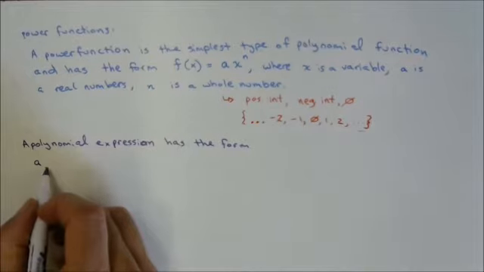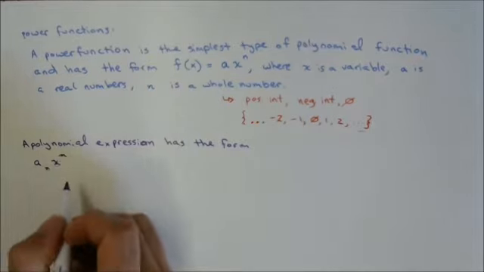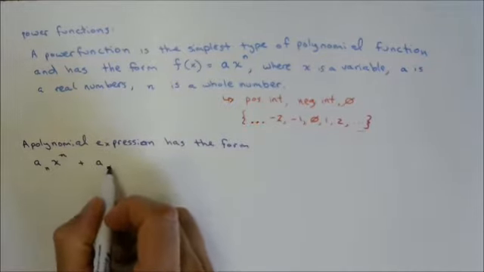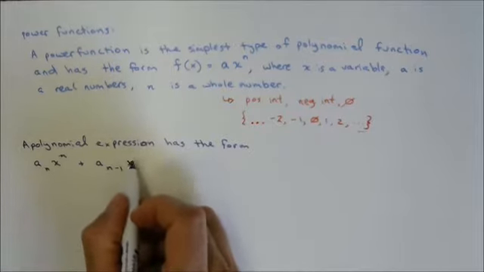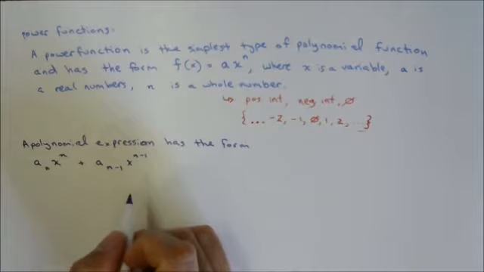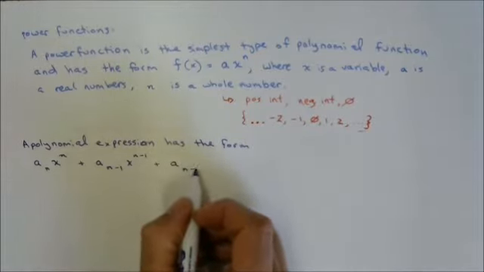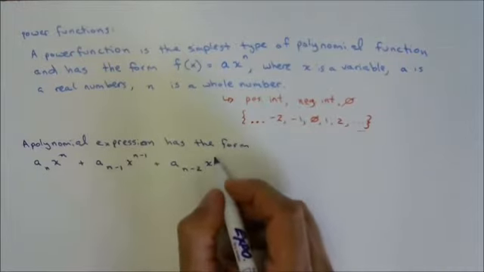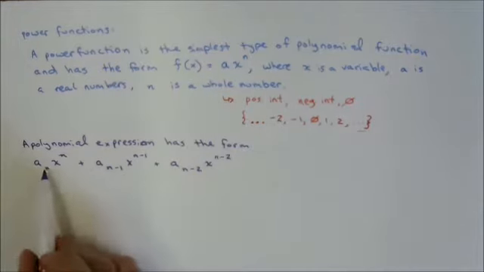a sub n x to the exponent of n plus, and maybe you just look first and then you can jot it down, a sub n minus 1 x to the power of n minus 1, and this just keeps on going. Basically, all it's saying by this n minus 1, n minus 2 business is that that is the coefficient of the first term.